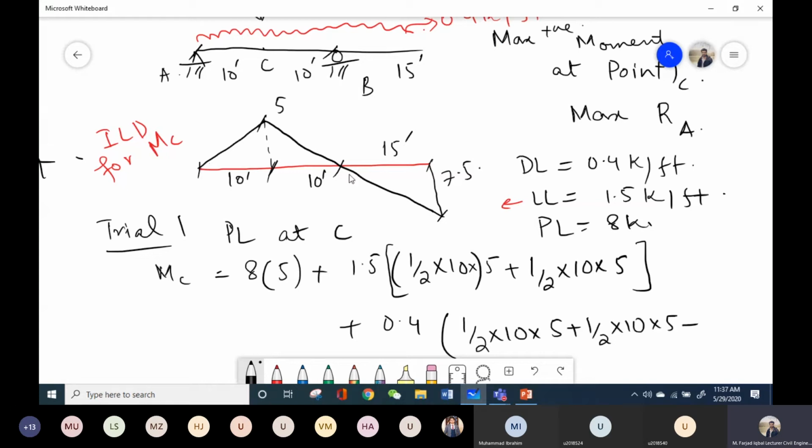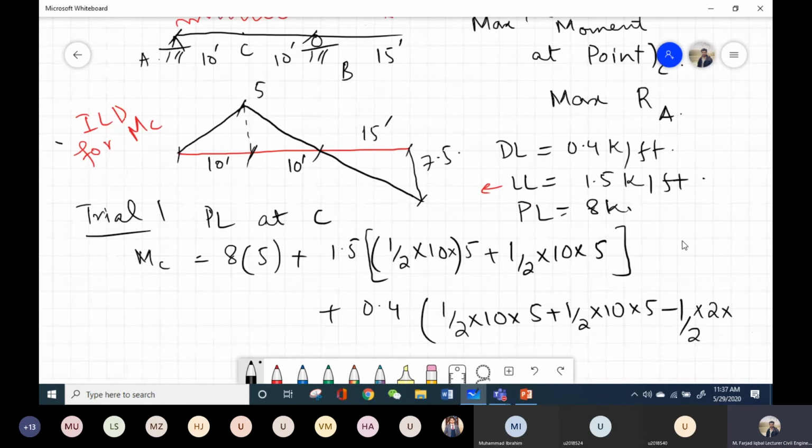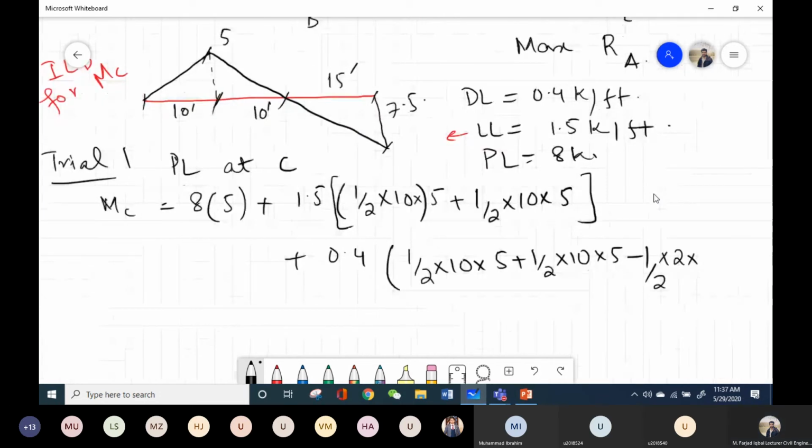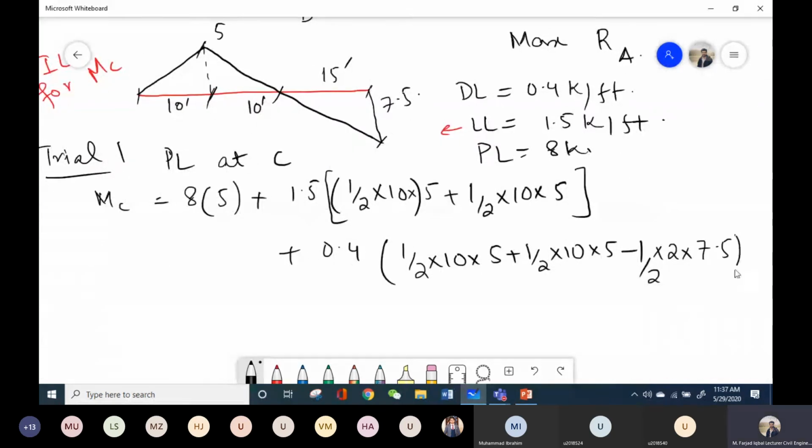And this one is on the negative side, so it will be subtracted: minus half into 20 into 7.5. So can anyone give me the value of this moment at point C?